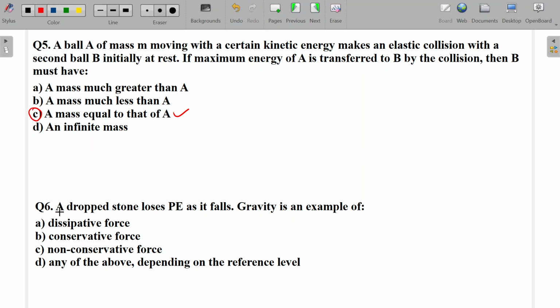So question 6. A dropped stone loses potential energy as it falls. Gravity is an example of: A, a dissipative force; B, a conservative force; C, a non-conservative force; D, any of the above depending on the reference level.